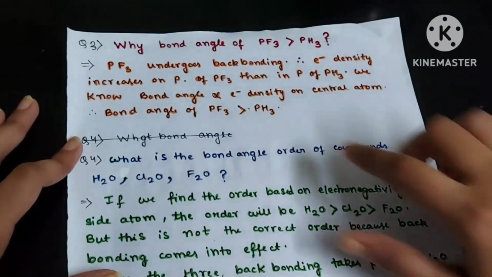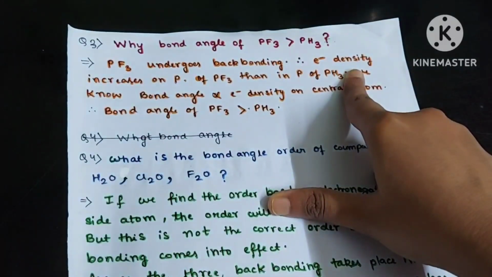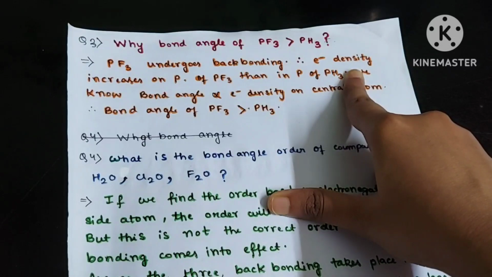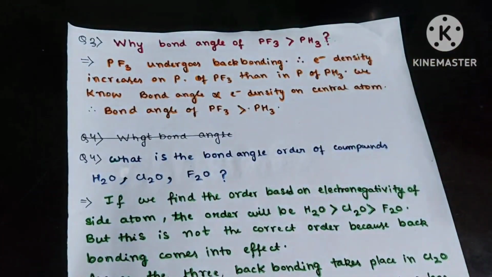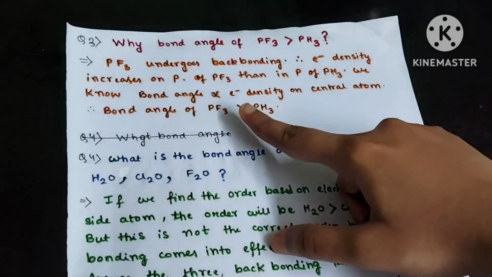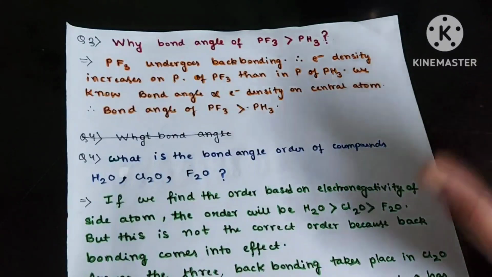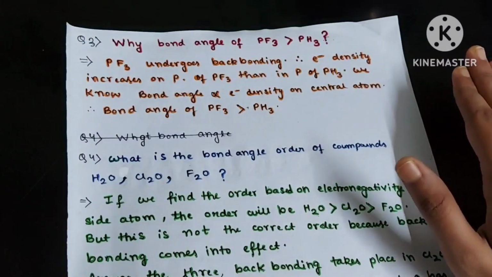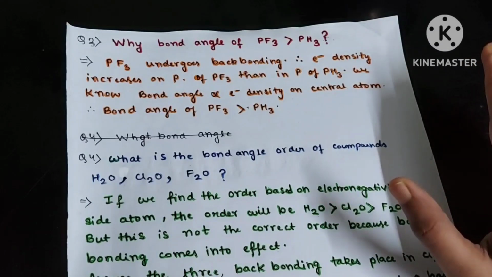So here PF3 undergoes back bonding, therefore electron density increases on phosphorus. Back bonding always increases the electron density. In the case of Lewis acidic character also we have seen that as back bonding increases electron density, the Lewis acidic character was decreasing in that question. Here, electron density increases on phosphorus of PF3 compared to phosphorus of PH3. In PH3 back bonding will not take place because hydrogen has no lone pair, so it will not be able to donate electrons.